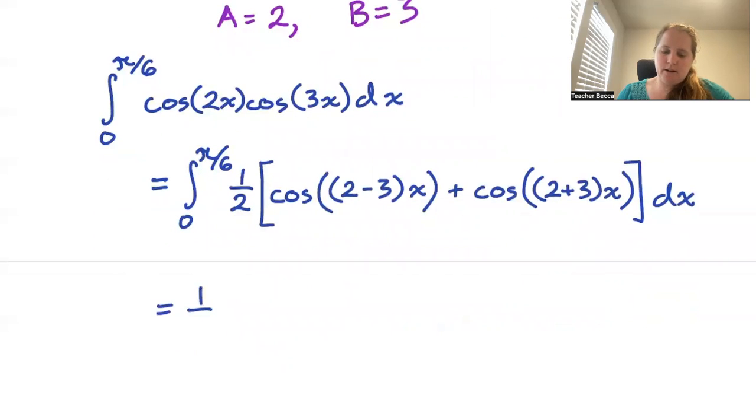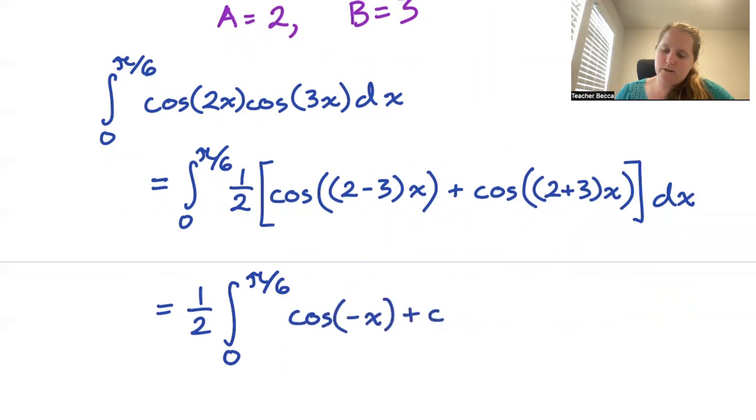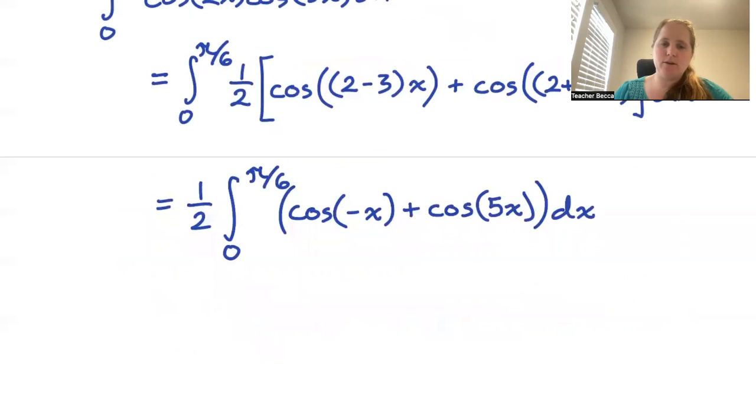So this is 1/2 the integral from 0 to pi over 6 of cosine of negative x plus cosine of 5x dx. Note, cosine is an even function. Cosine of negative x is the same thing as cosine of positive x.